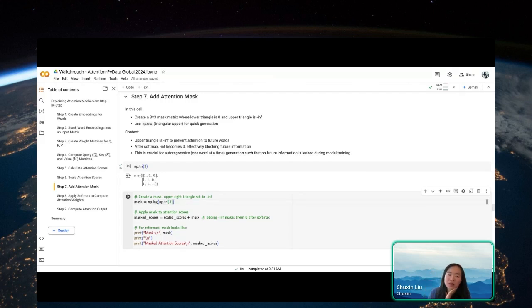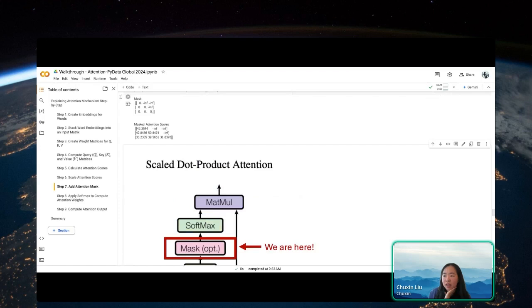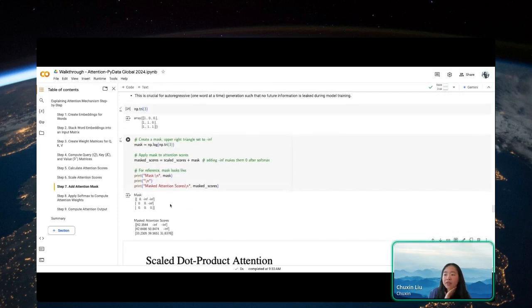Then I will use a log function, right? Because in a log function, log 1 is 0, and log 0 is minus infinite. So I'm playing some tricks here, but you can do that in other ways too, as long as you have that triangle. Once you hit run, you have a mask where the lower left are zeros and the upper right are minus infinite.